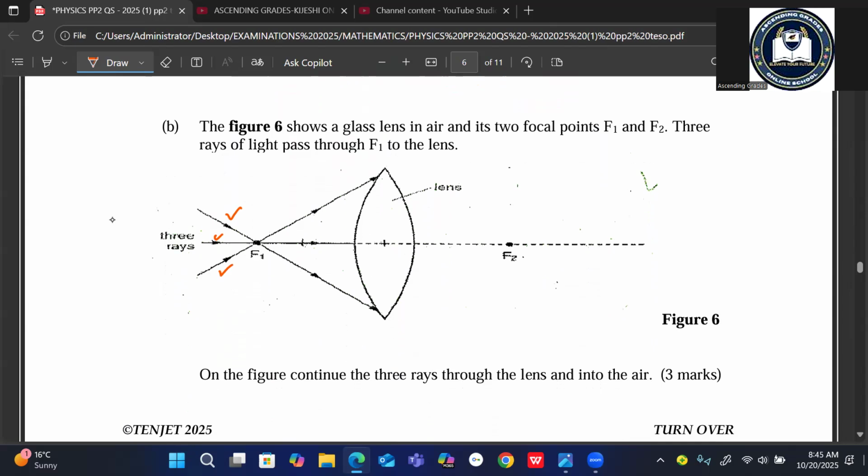Our first and third have something in common.